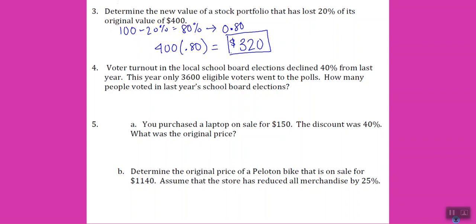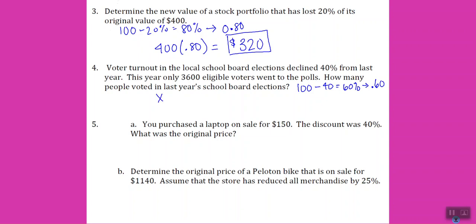Voter turnout in local school board elections declined 40%. So 100 minus 40 is 60%, which would be a decay factor of 0.60. This year, only 3,600 eligible voters went to the polls. How many people voted in last year's election?